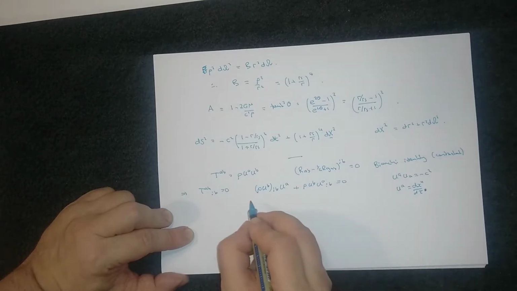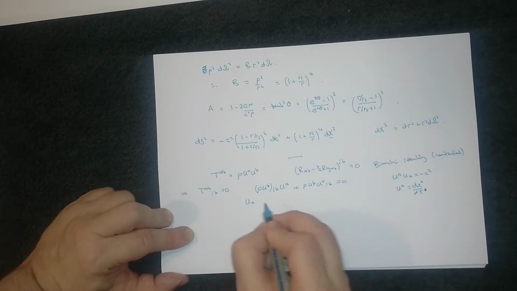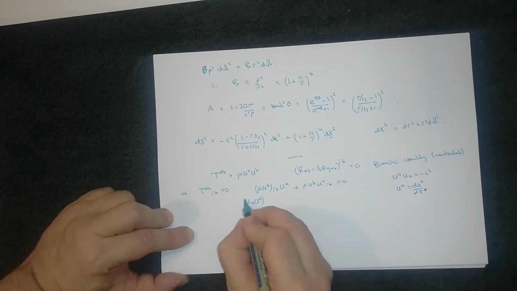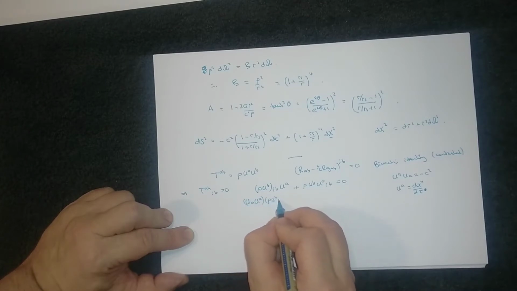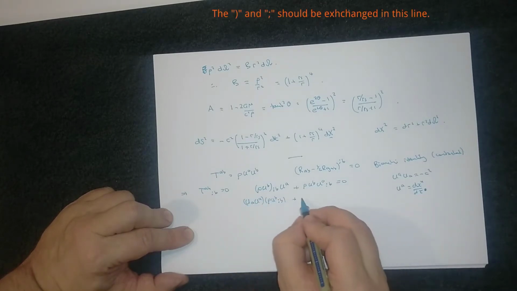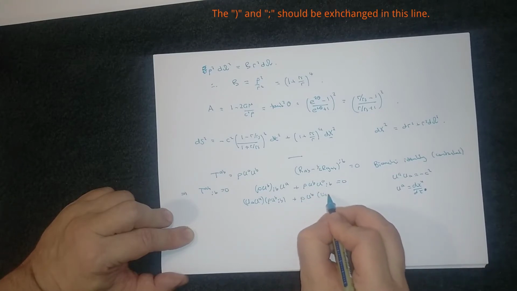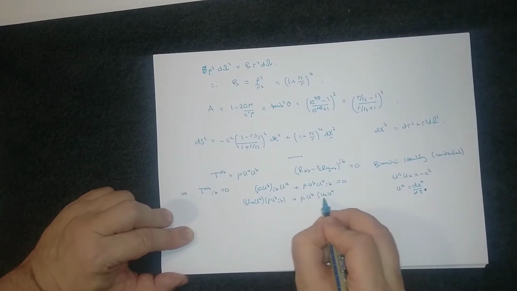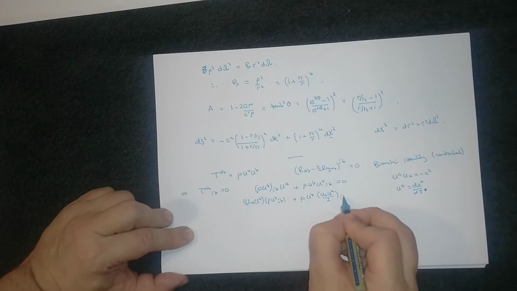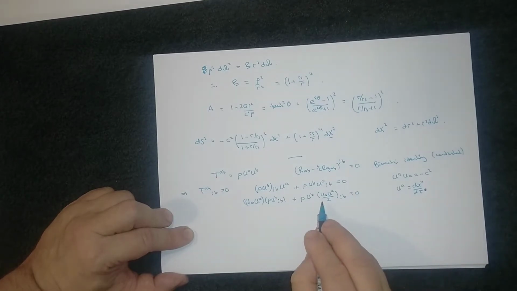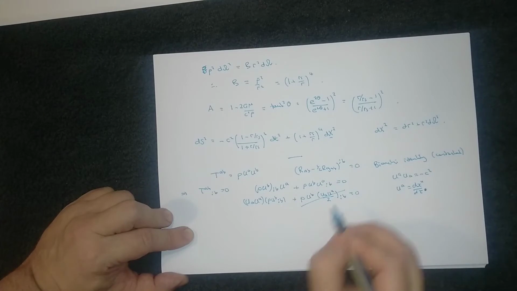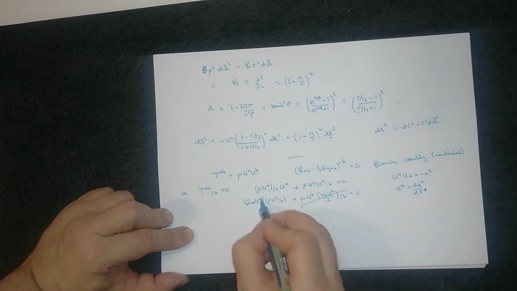From this equation, if I multiply by U_A, I get U_A times (rho U^B)_{;B} U^A plus rho U^B U_A U^A_{;B}, and U_A U^A_{;B} is half the derivative of U_A U^A, which is minus c squared, so that derivative goes away.